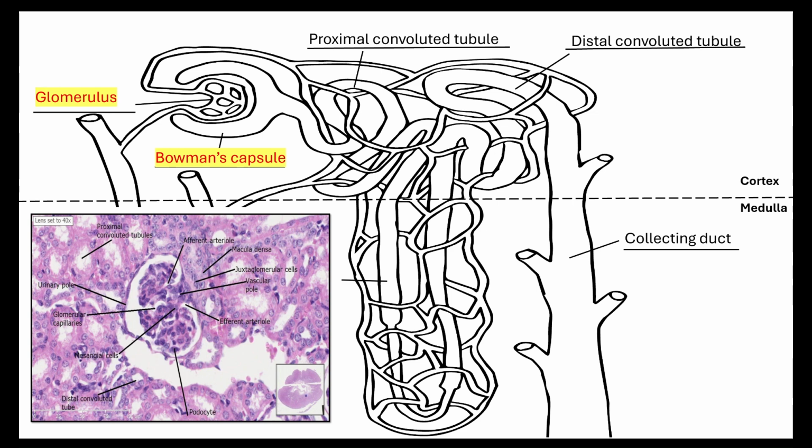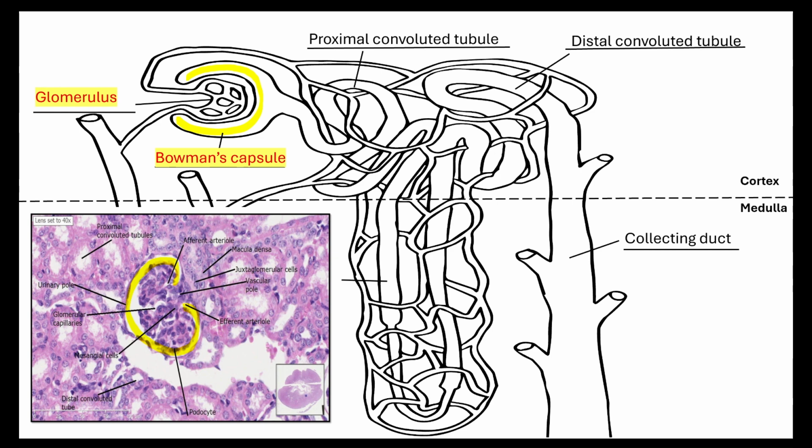So if they give you a picture and ask you to identify the Bowman's capsule, it's clearly identifiable in this section, which is clear, doesn't have any staining, and looks like a C shape. So it's like a cup. So you always want to identify where the Bowman's capsules are. That's the region where you don't see the staining.